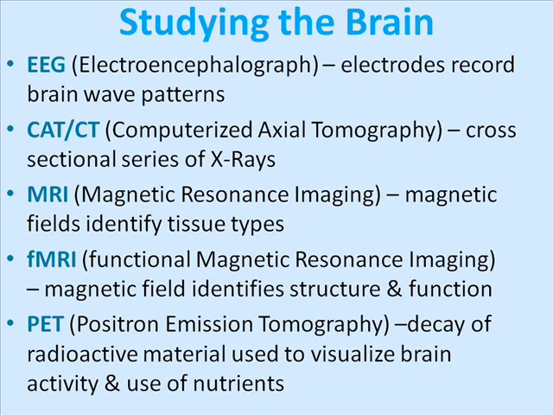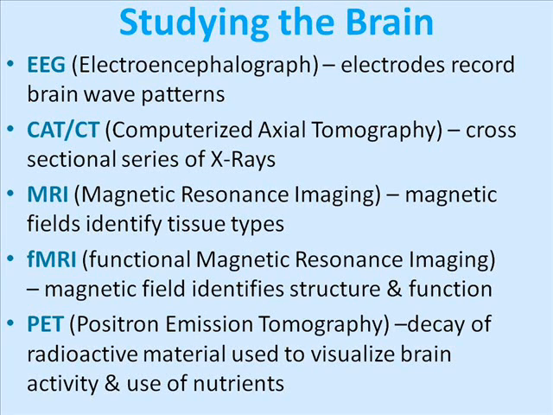Magnetic resonance imaging, the MRI, allows you to identify tissue types and again see a tumor perhaps or some type of damage in the brain. The functional MRI, or functional magnetic resonance imaging, allows you to get a more active picture of what's going on in the brain as the magnetic field monitors ongoing activity.